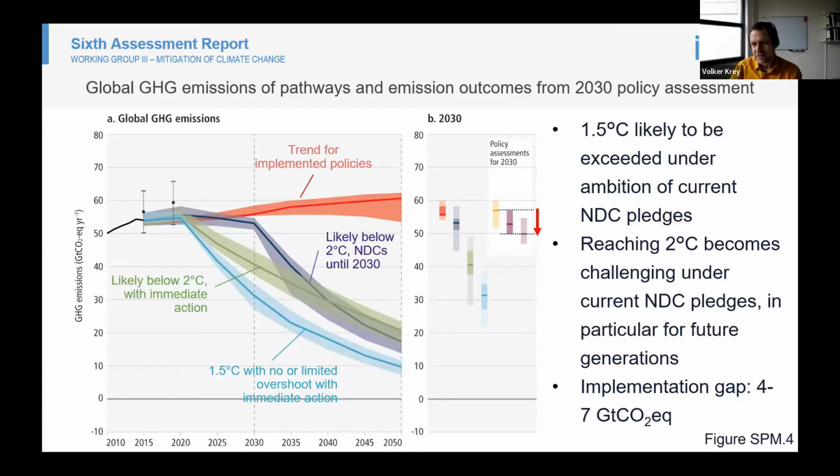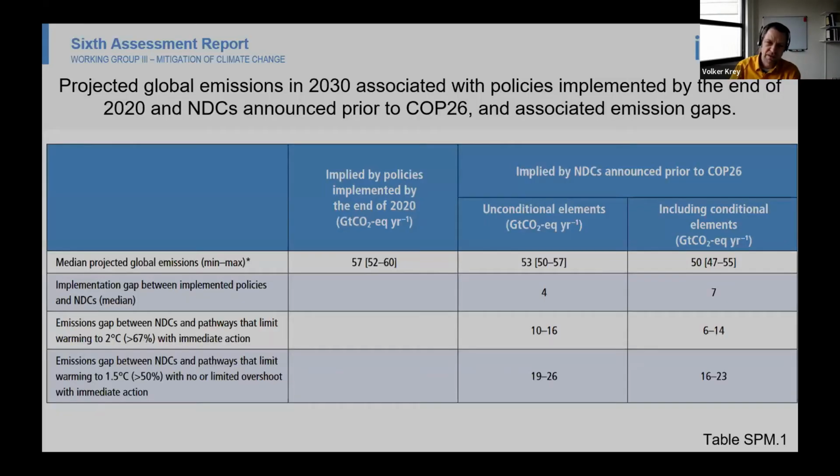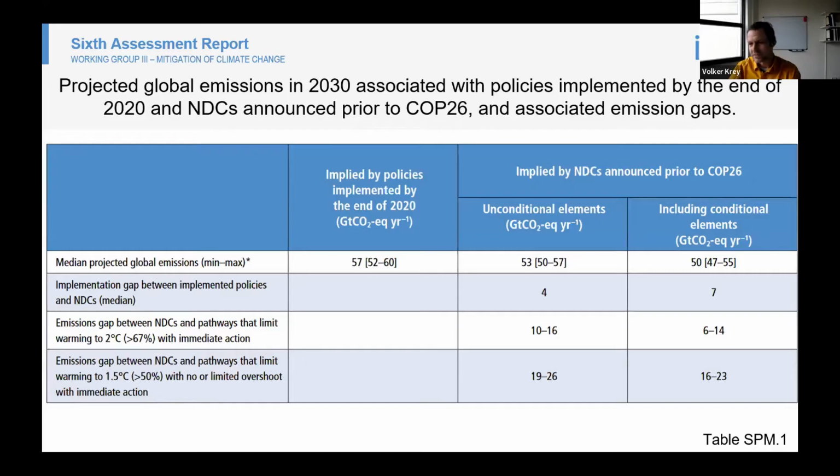But let me now go from this global level picture. There's a complementary table in the SPM that summarizes the global quantitative information in terms of emissions outcomes for 2030, the implementation gap and the emissions gap towards 2 and 1.5 degrees.